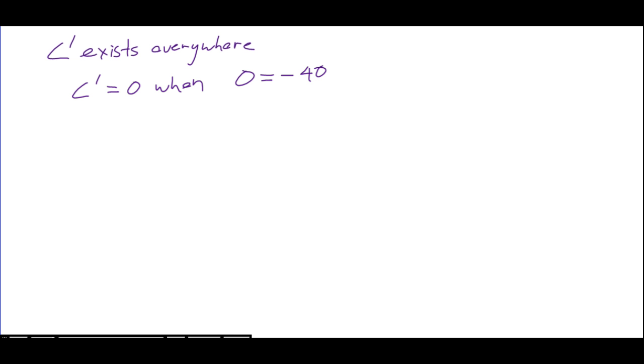We're almost done. Okay, C prime exists everywhere. And C prime is 0 when 0 is equal to negative 40 plus 80x over the square root of x squared plus 10,000. So we're going to solve that.